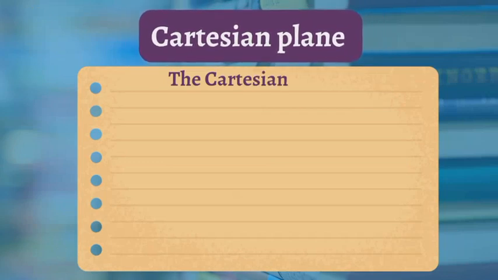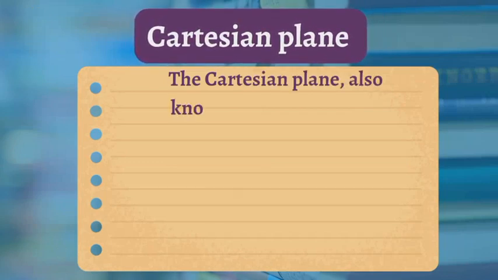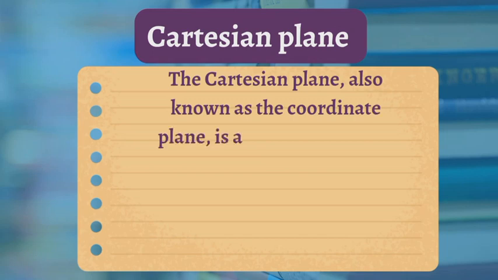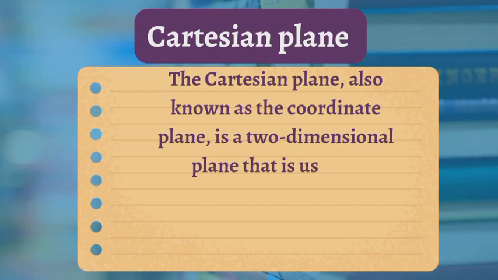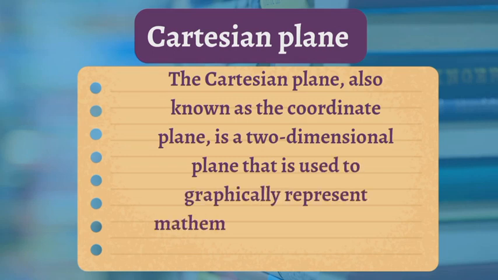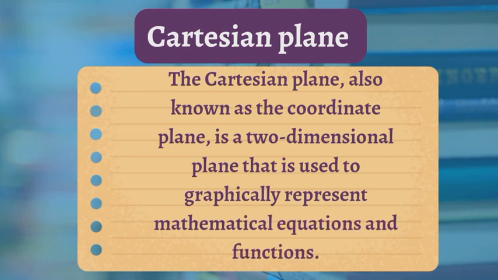Now let's look at what Cartesian plane is. The Cartesian plane, also known as the coordinate plane, is a two-dimensional plane that is used to graphically represent mathematical equations and functions. So that's what our Cartesian plane is.